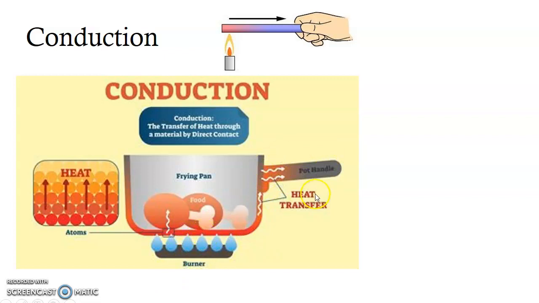So the pot handle will be getting hot because of the burner, even though the pot handle and the burner aren't next to each other. The burner still transfers energy to the pot handle because it is still connected to the metal.